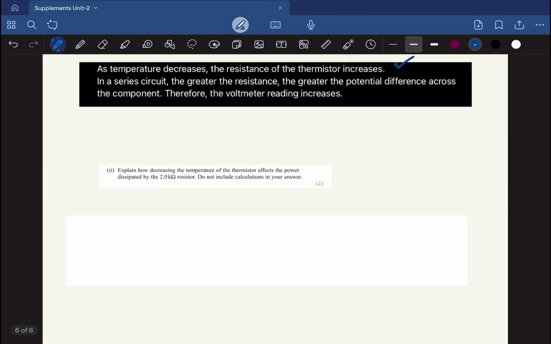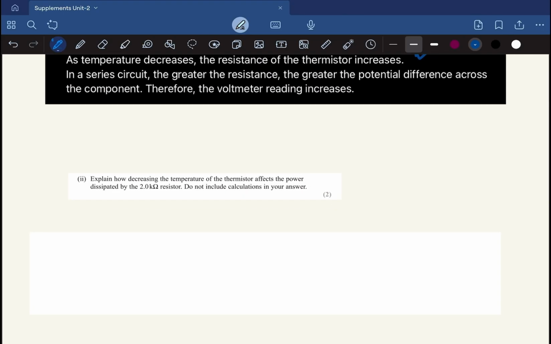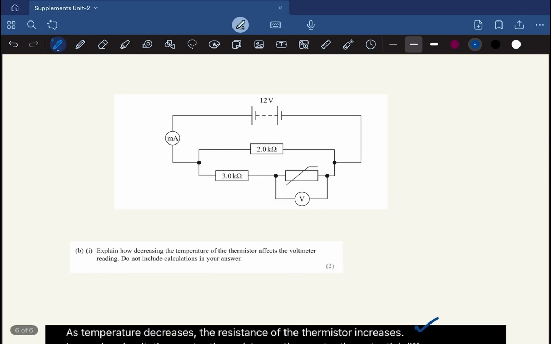Now the next question says explain how decreasing the temperature of the thermistor affects the power dissipated by the 2 kilo ohm resistor. So basically now they are asking about the power dissipated by this 2 kilo ohm resistor.